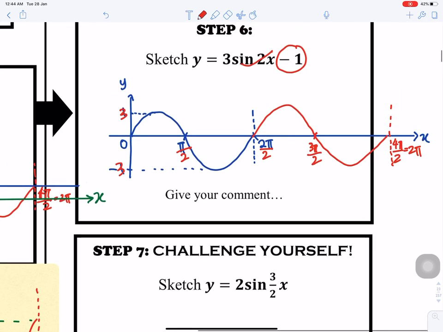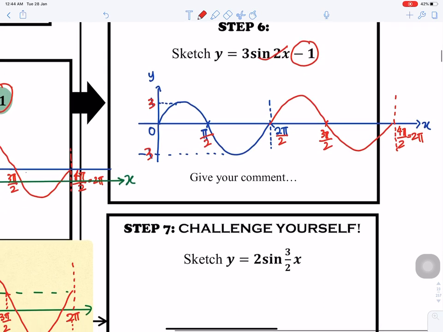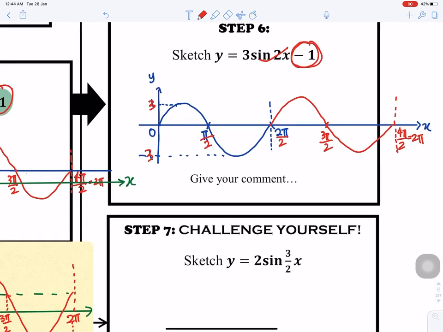Okay, and then plus minus 1. Now minus 1, so that means -1 plus 3, -1 plus 0, and -1 minus 3. So it becomes 2, -1, -4.